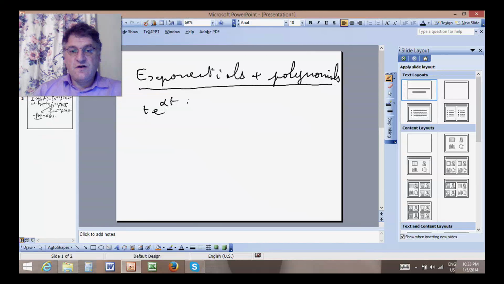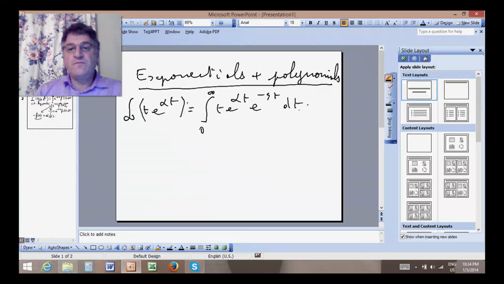Well, the Laplace transform of something like this is the integral from 0 to infinity of t e to the alpha t e to the minus st dt, which I can rewrite as the integral from 0 to infinity of t e to the (alpha minus s) t dt.